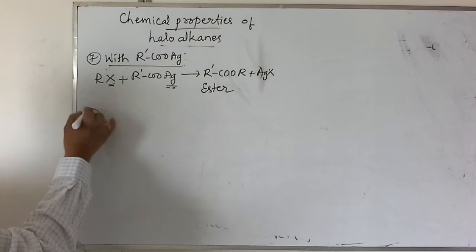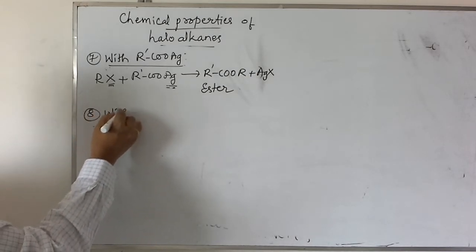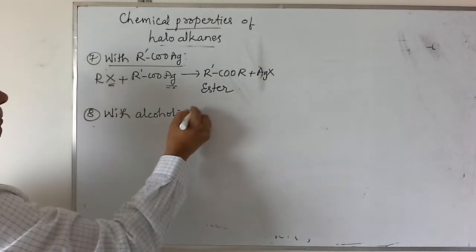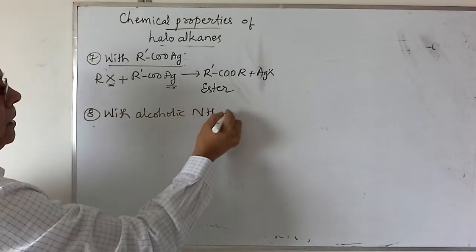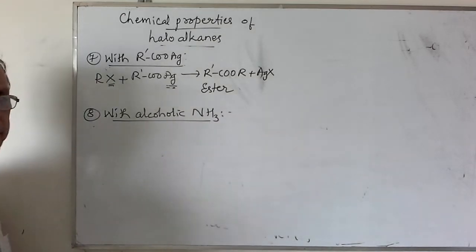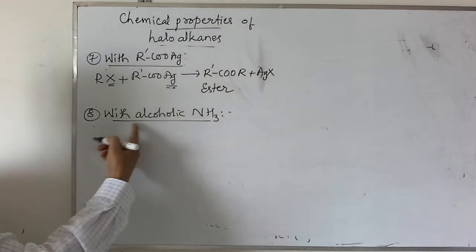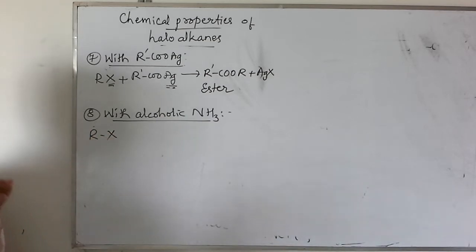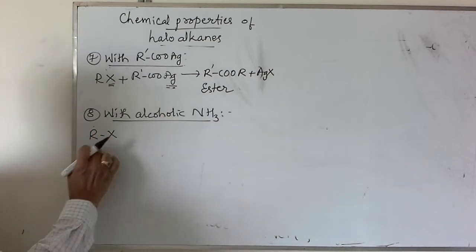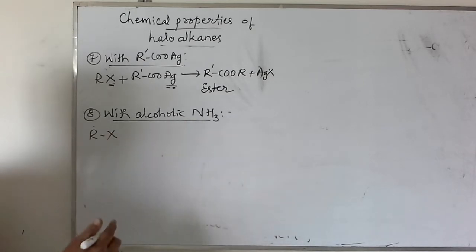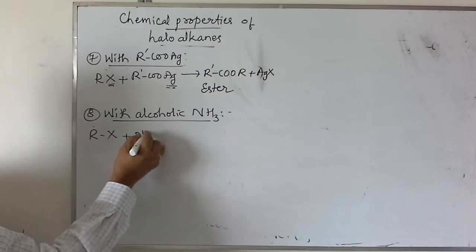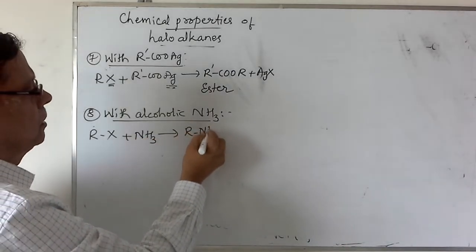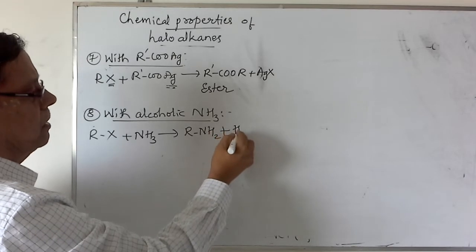The next reaction is with alcoholic ammonia. There are different types of products obtained when we use alcoholic ammonia with an alkyl halide. If you use only a limited amount of ammonia, that is a 1:1 amount of alkyl halide and ammonia, we get RNH2 plus HX.